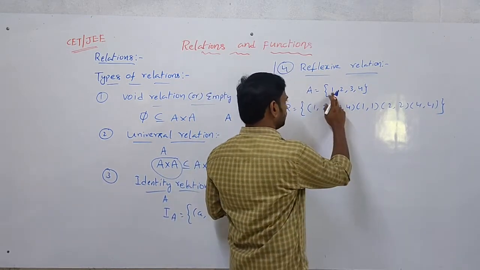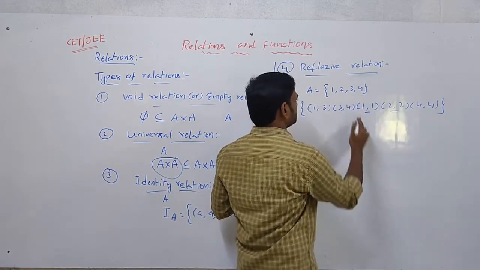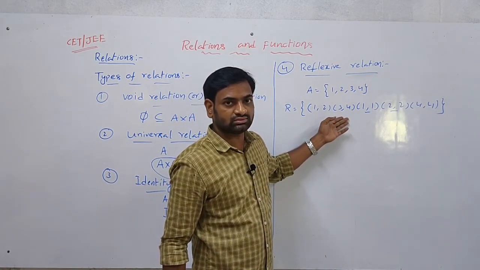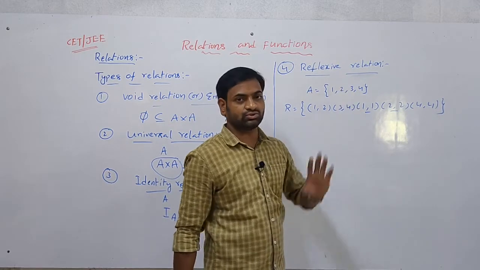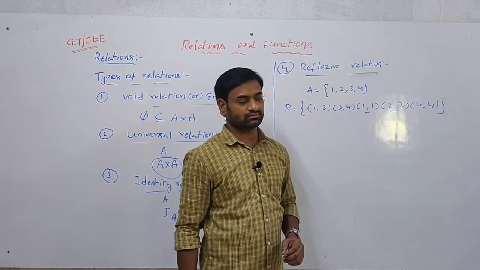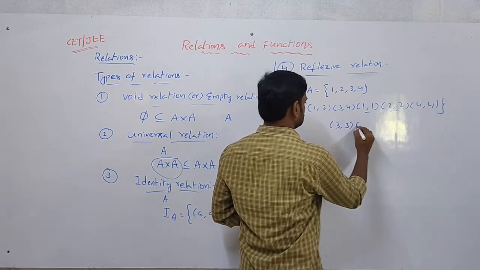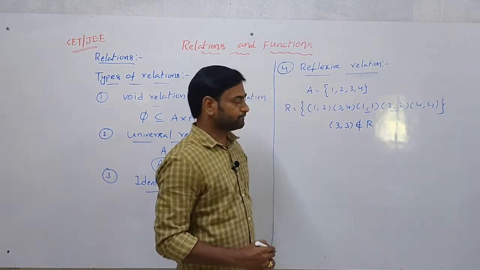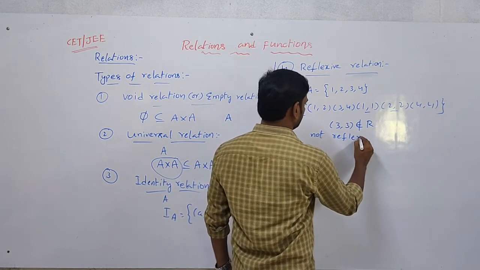See here, (1,1) is there, yes correct. (2,2), yes correct. (3,3): in this one there is no (3,3). If one ordered pair is missing, it is not a reflexive relation. So here (3,3) does not belong to the relation R, so it is not reflexive.